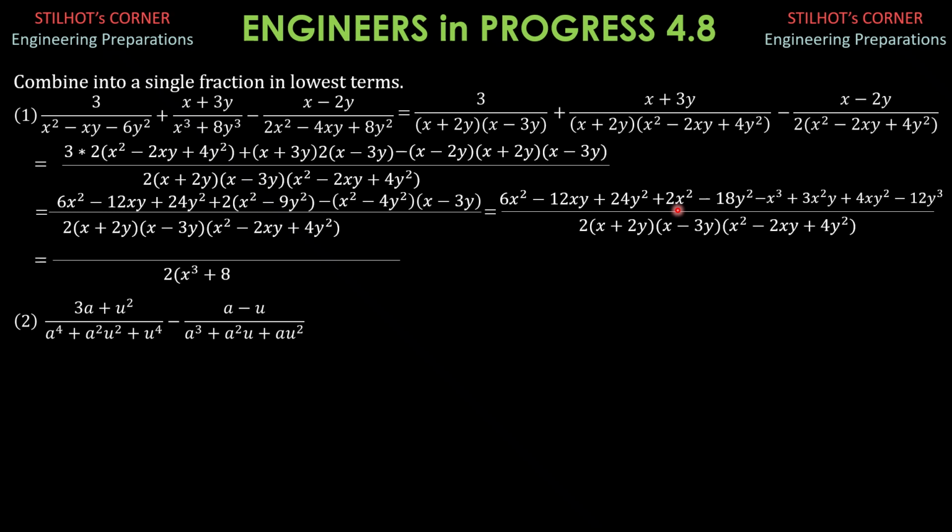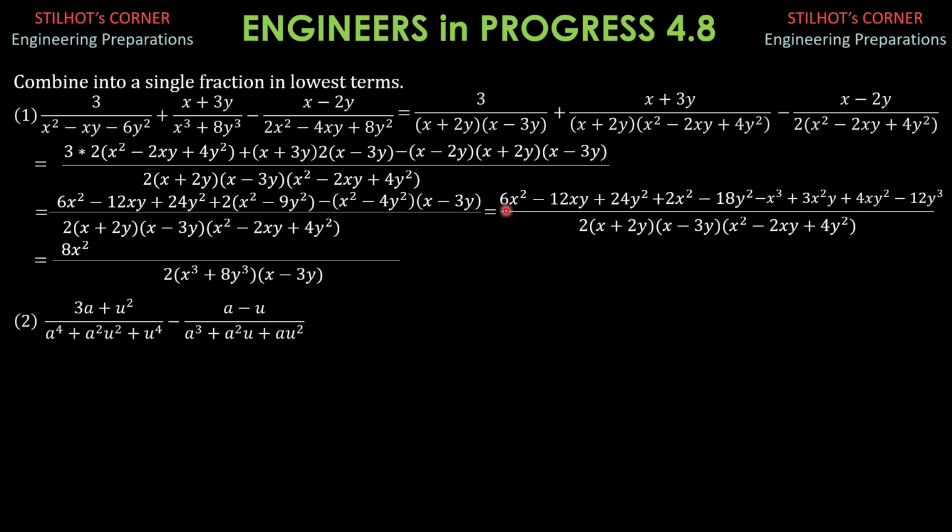So copy the denominator this time. We note that x plus 2y times x squared minus 2xy plus 4y squared is, let's put it back to x cubed plus 8y cubed, which is this, and this product here. So then times 2. So let's make the denominator back to 2 times x cubed plus 8y cubed, then times x minus 3y, which is this.